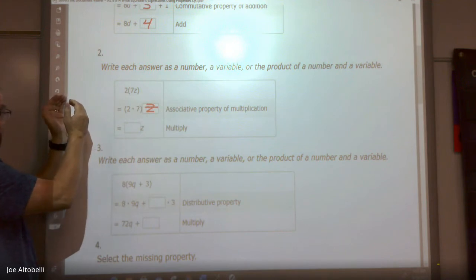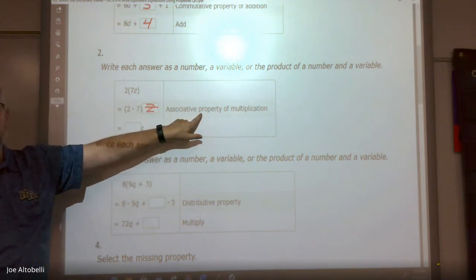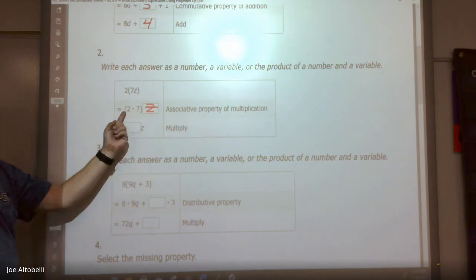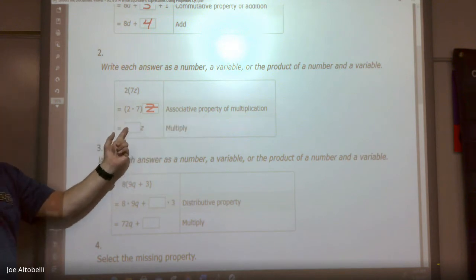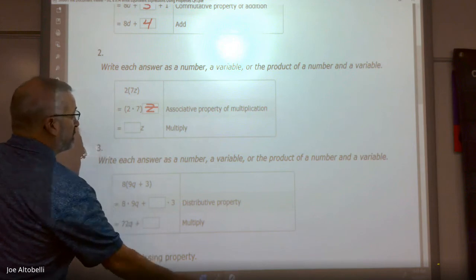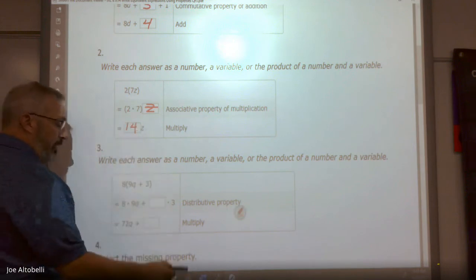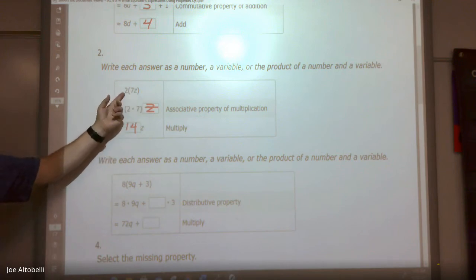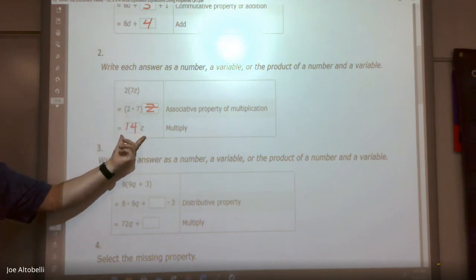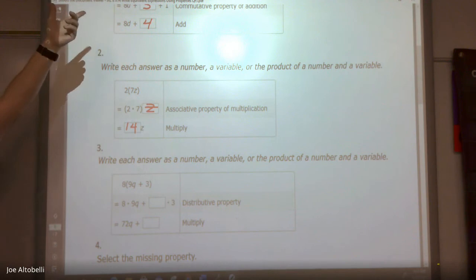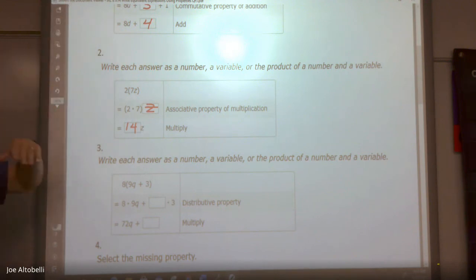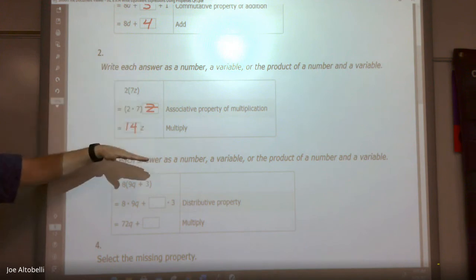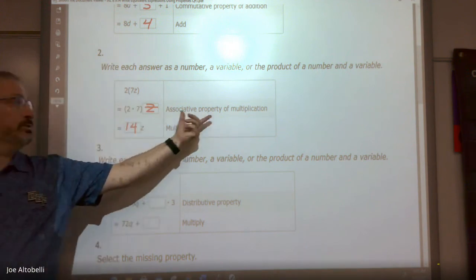And when the grouping changes, that's the associative property. Now you can multiply the 2 and the 7 and get 14. I get that some of you would already know that 2 times 7z is going to be 14z, just like in some of the problems we did earlier in the distributive property. But this is showing the steps, using your properties.